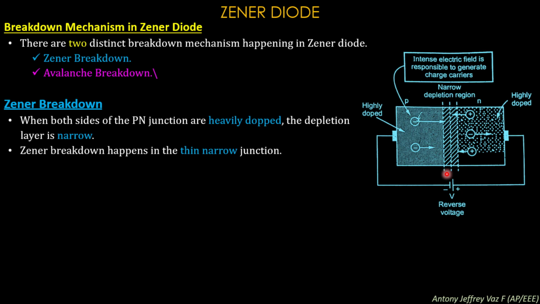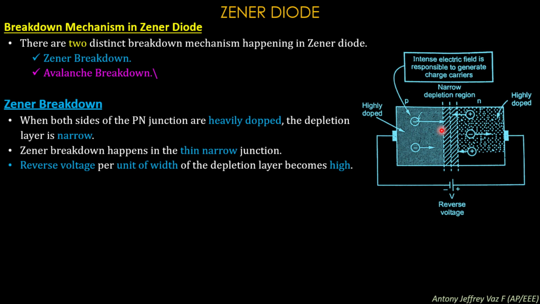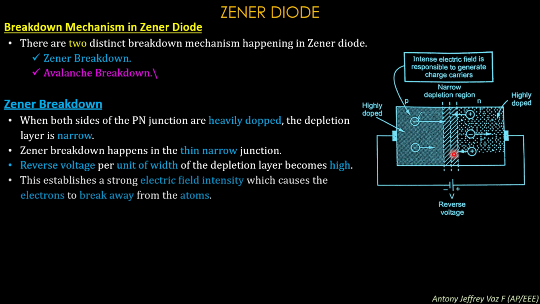The reverse voltage per unit width of the depletion layer becomes high. That means as you increase the reverse voltage, the depletion region is under more stress.